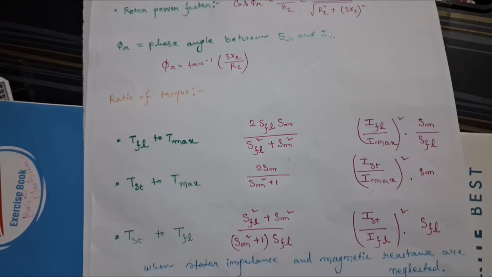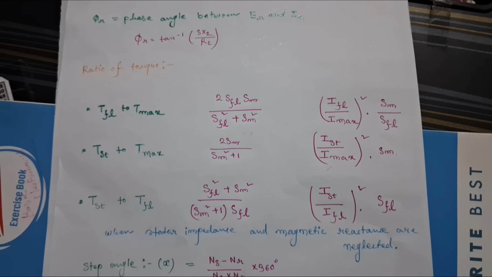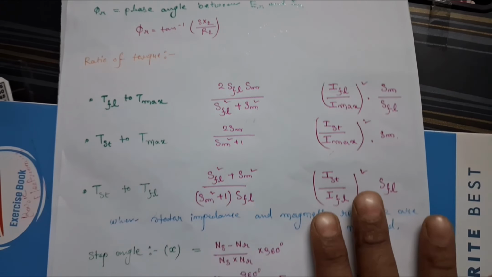The formula is (I_ST divided by I_FL) whole squared into S_FL. Here stator impedance and magnetic reactance are neglected. The above formulas are applicable when stator impedance and the magnetic reactance are neglected.